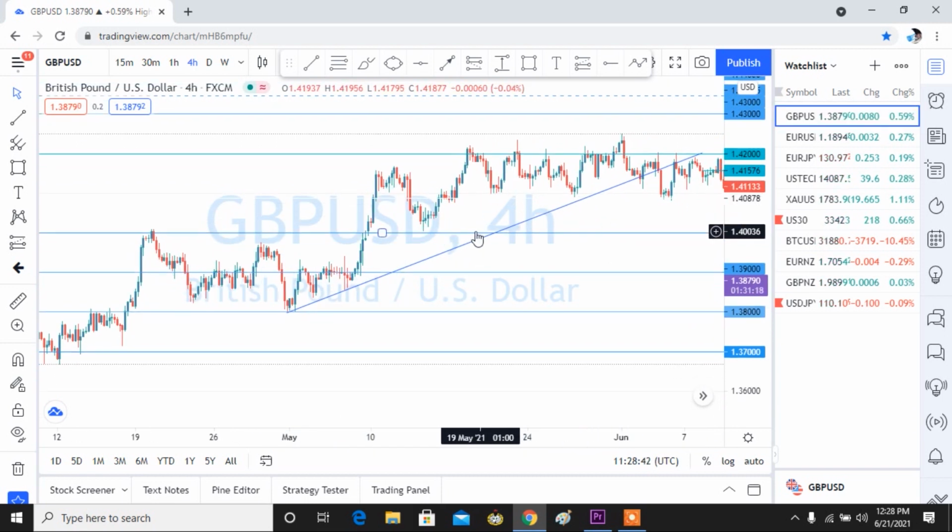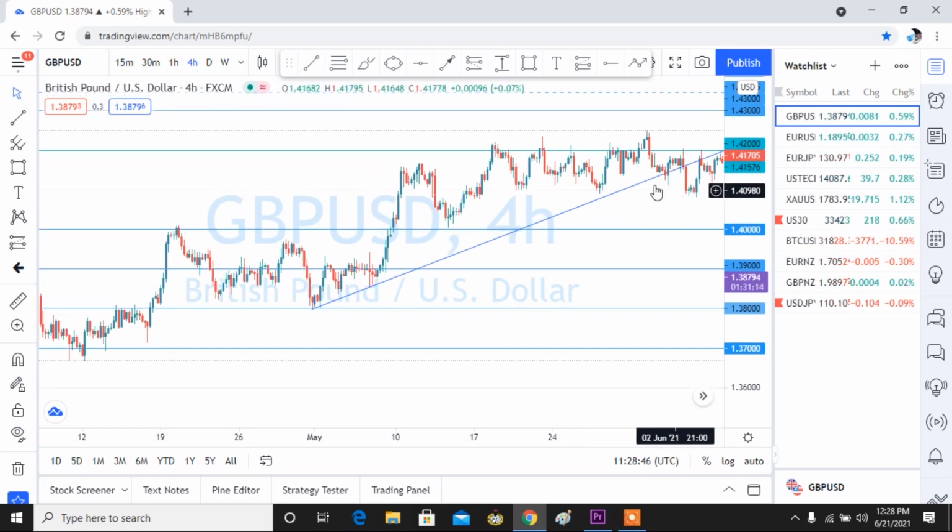So here is our trend line. First touch, second touch, and third touch, price bounces off the trend line.